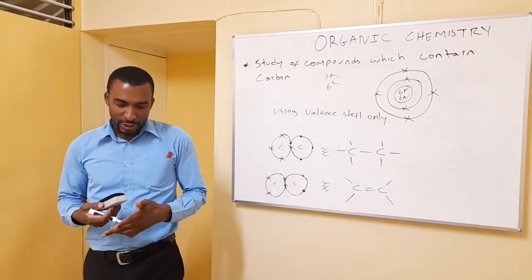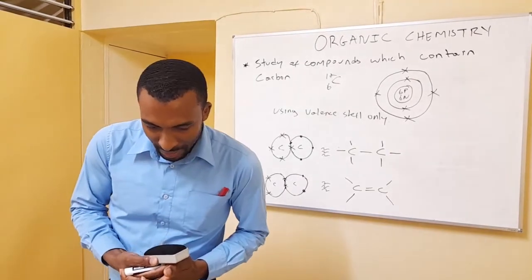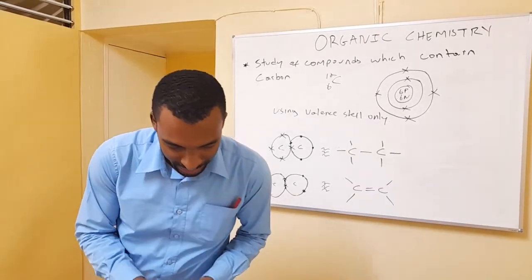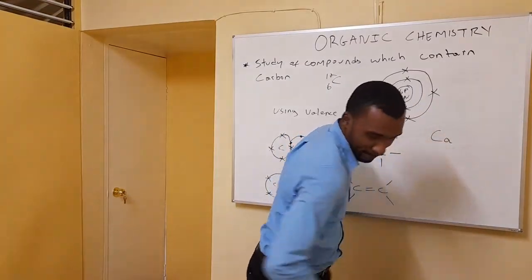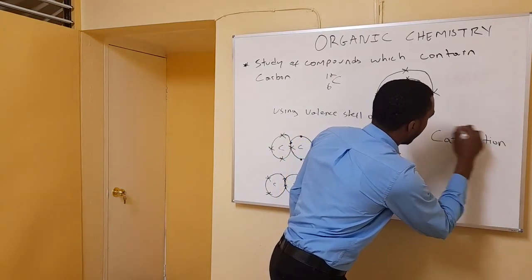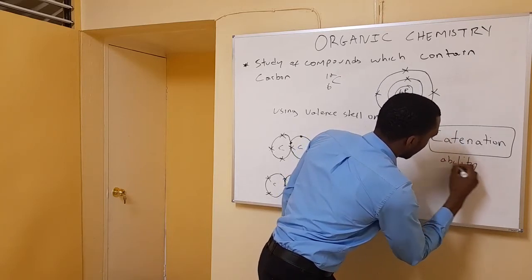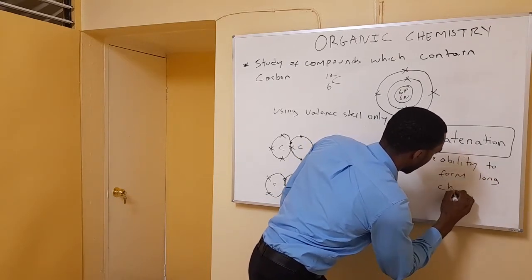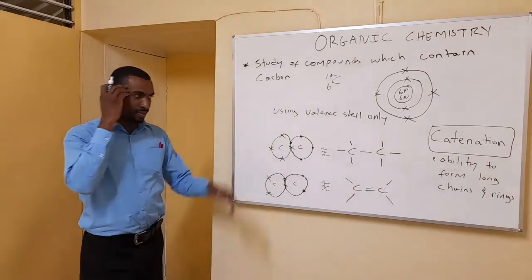The term used to describe the ability of a carbon atom to bond covalently with other carbon atoms to form long chains and rings is called catenation. You should be familiar with that term.